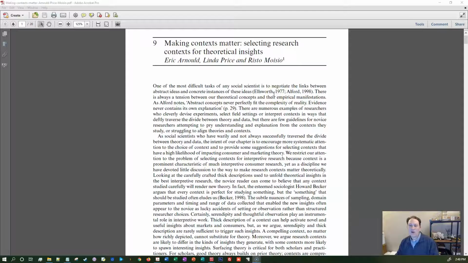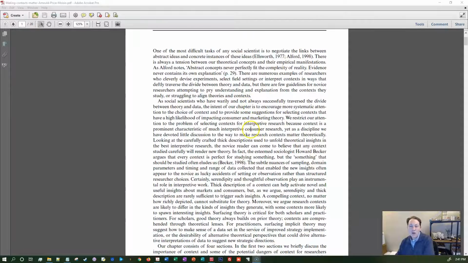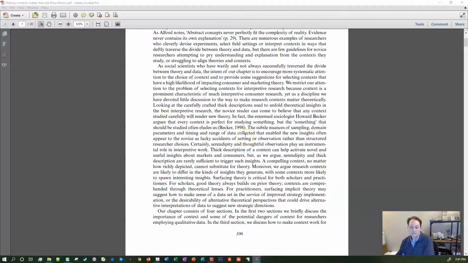The idea of this article is really important, and I would say of all of these, this is probably the one that is most thematically important for many aspects of our class, because what we're talking about here is the distinction between collecting data and presenting data in a really abstract form, and building a story or a context around how those data were collected so that the audience is able to make better sense of why you collected those data and what you did with them.